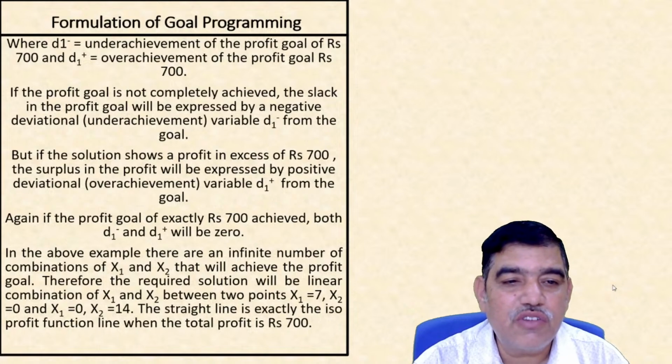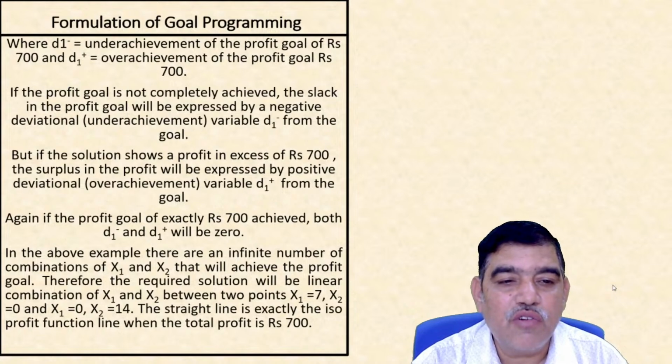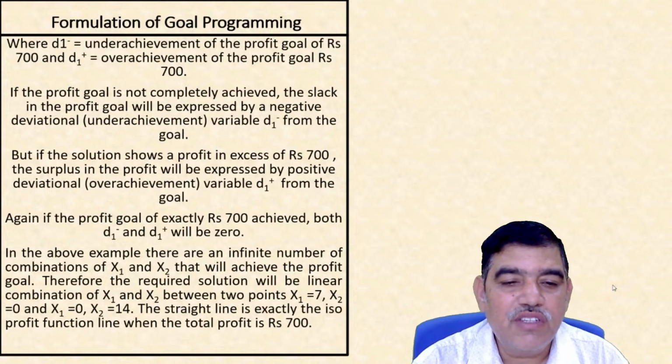But if the solution shows a profit in excess of rupees 700, the surplus in the profit will be expressed by a positive deviational variable, known as your overachievement variable d1 positive, from the goal. Similarly, if the profit goal of exactly rupees 700 is achieved, both d1 negative and d1 positive will be 0.